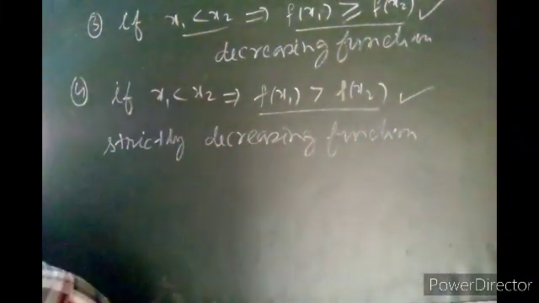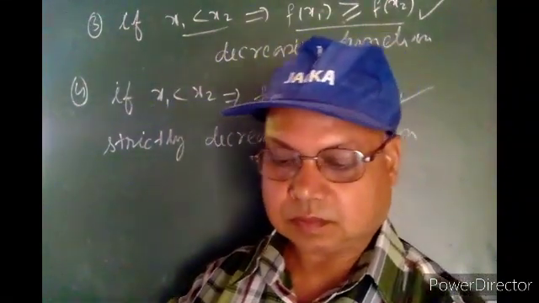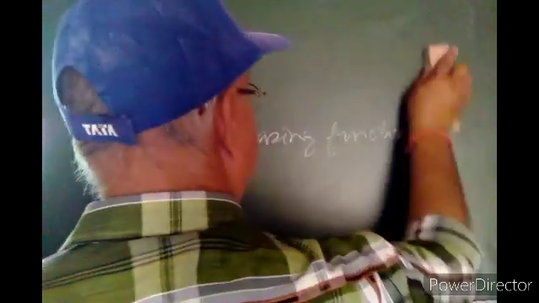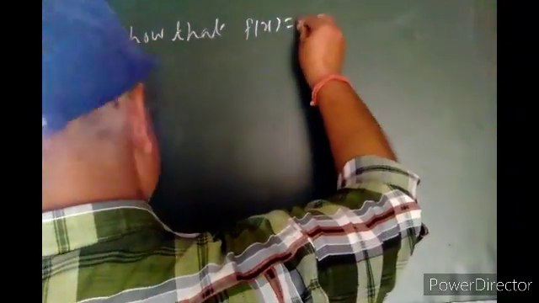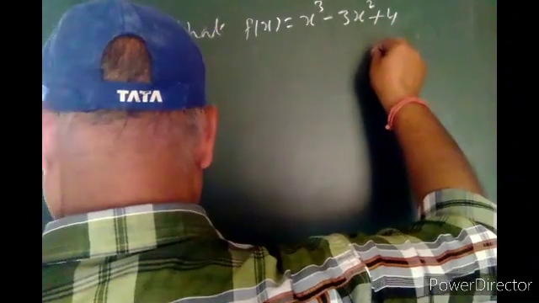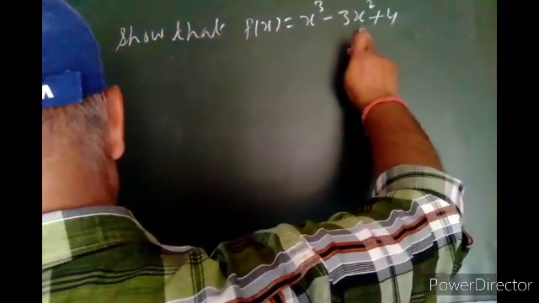Let us suppose a question. The question is like this: f(x) equal to x cube minus 3x square plus 4x.